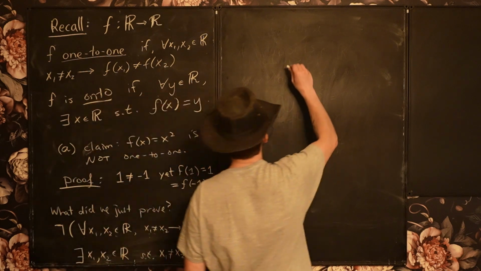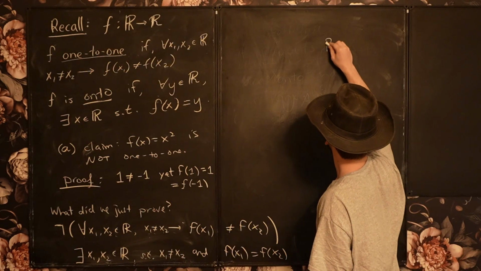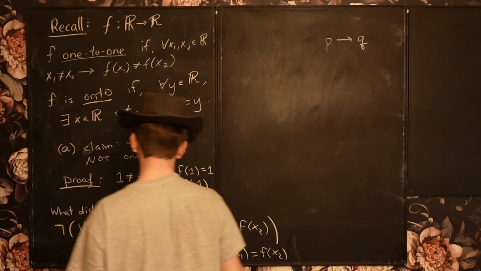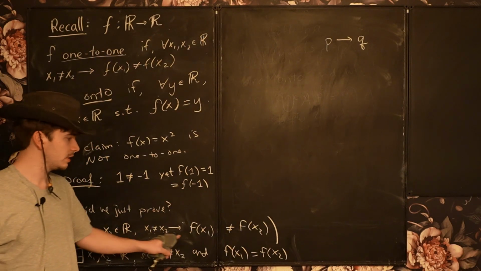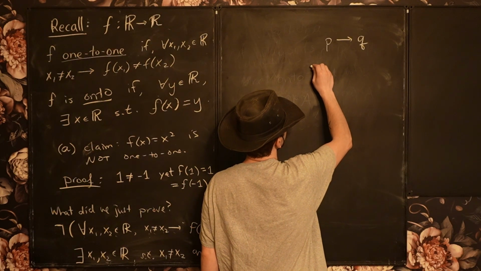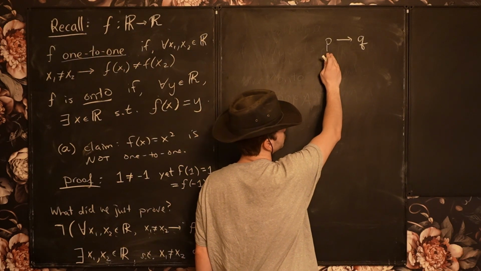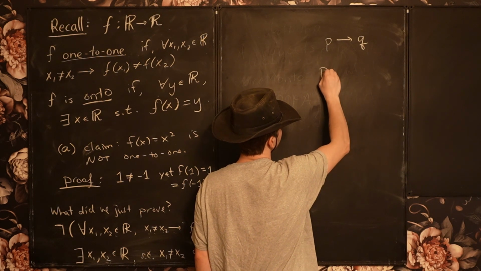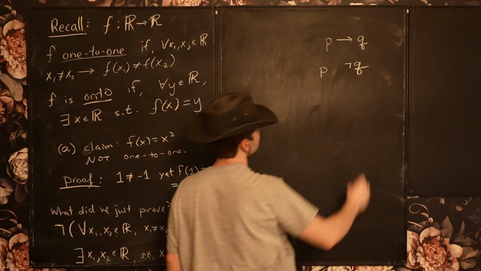So if I look at the statement P implies Q, then when I negate that statement, this means that if P is true, then Q must be true. So I must demonstrate a P that is true and a Q that is false.